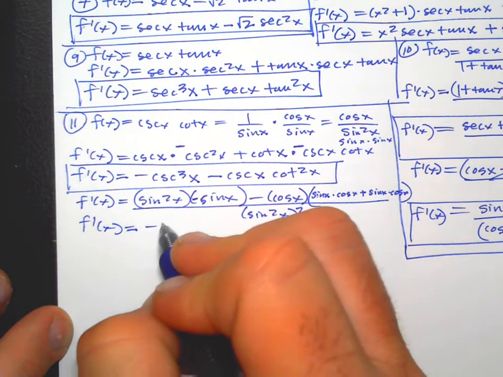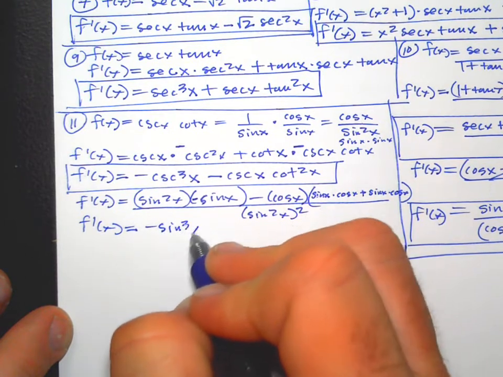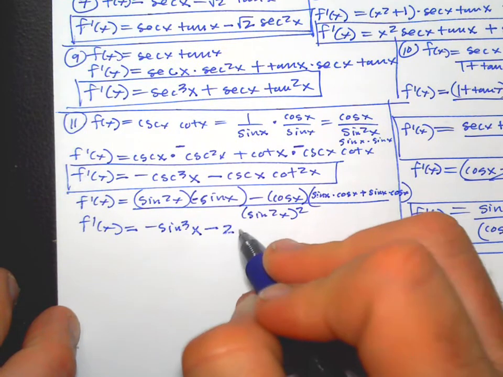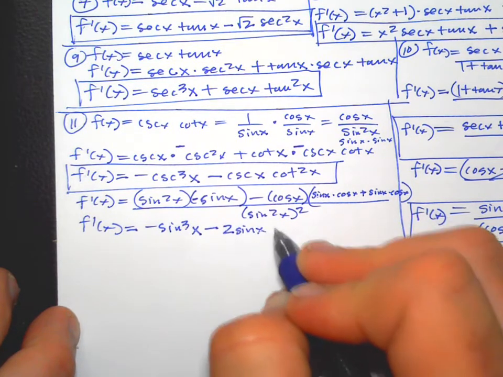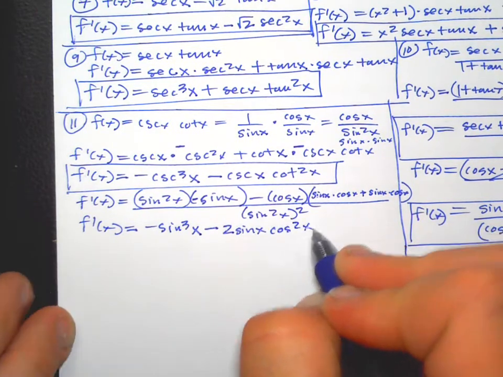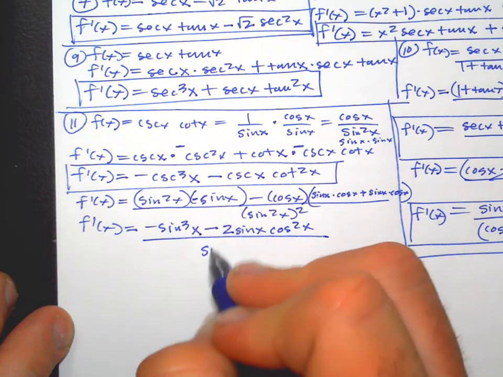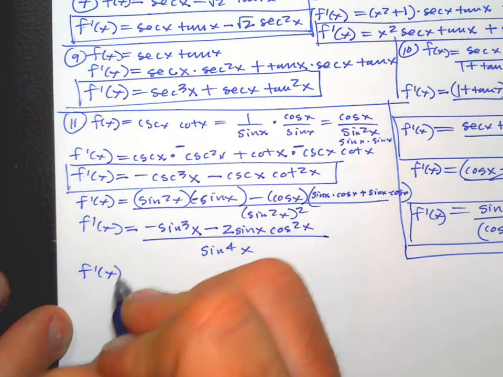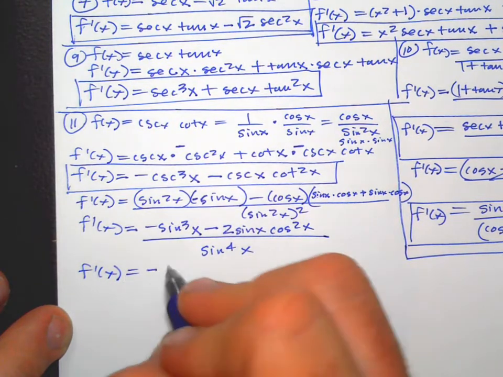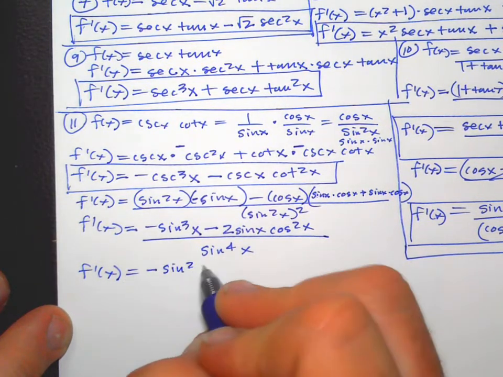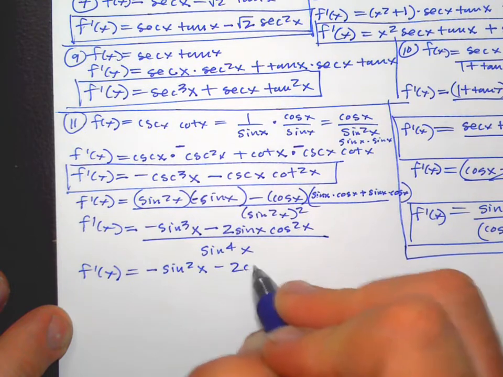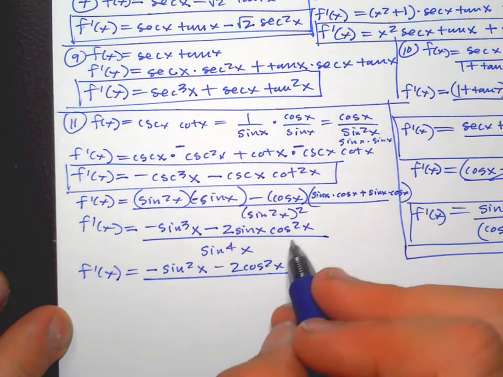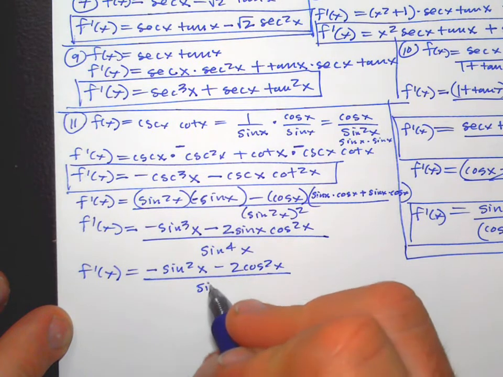So negative sine cubed minus 2 sine x cosine squared x over sine to the fourth. Definitely simplify. Divide a sine out of everything on the top and the bottom.